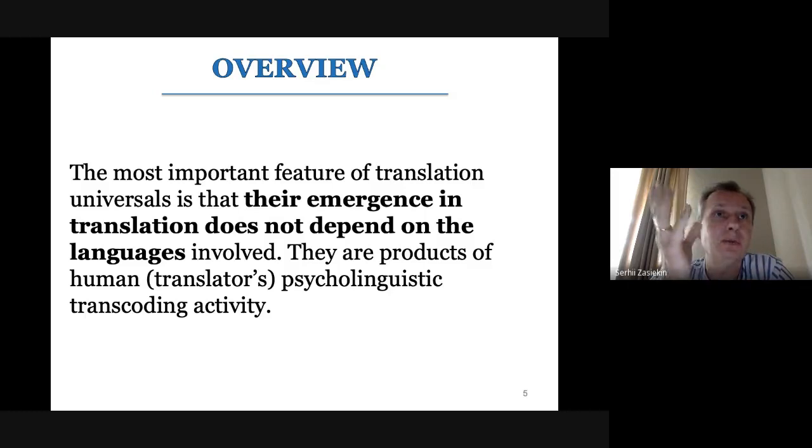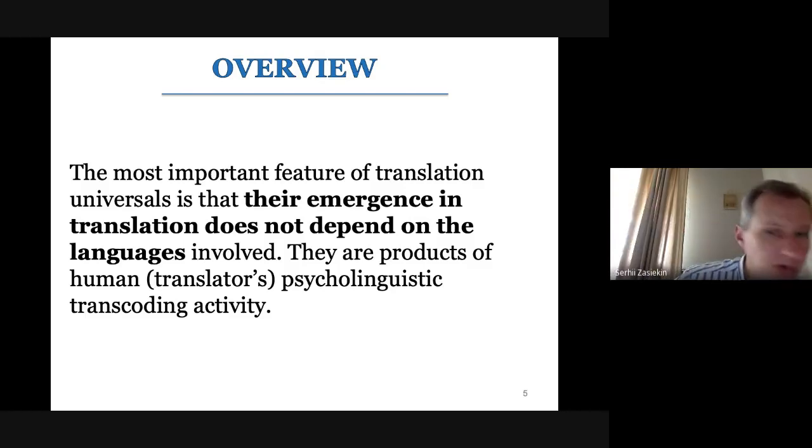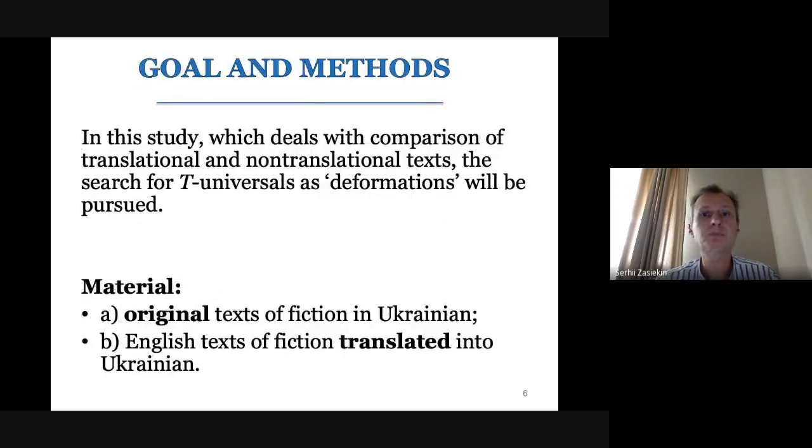That is, any language like English or Spanish or Portuguese or German or Japanese is characterized by those features. So those translation universals or deforming tendencies are products of human psycholinguistic transcoding activity.